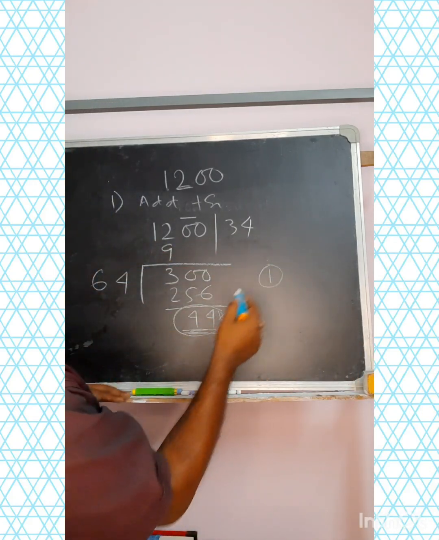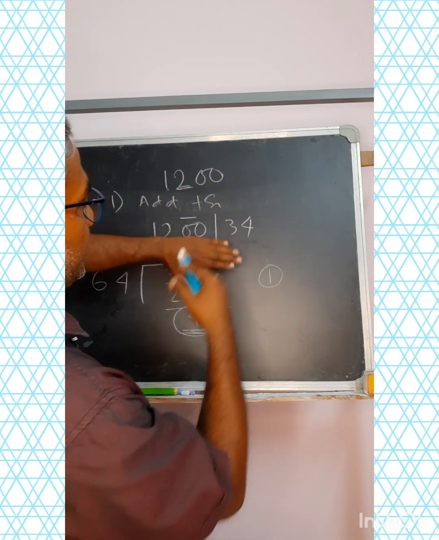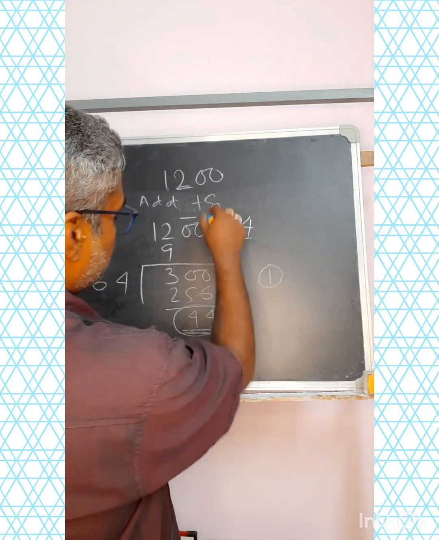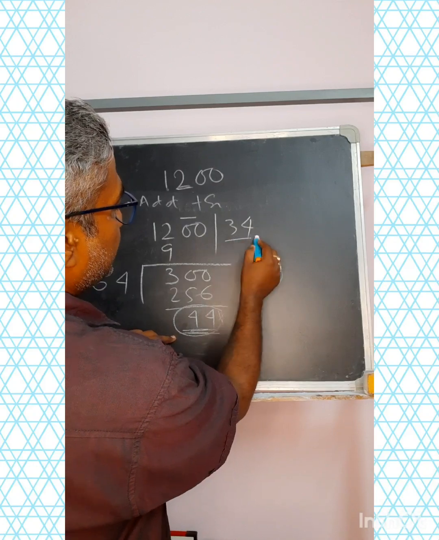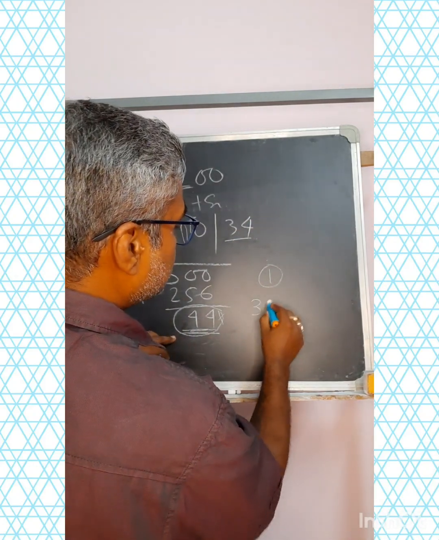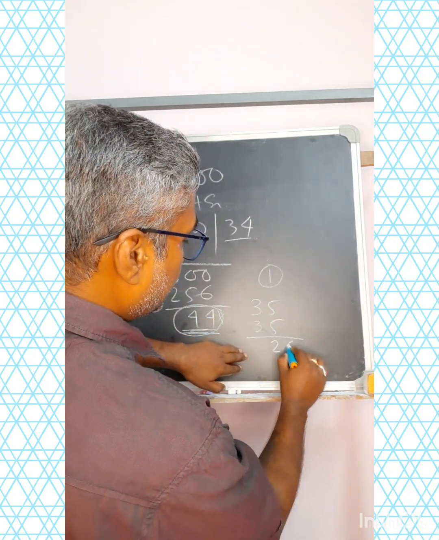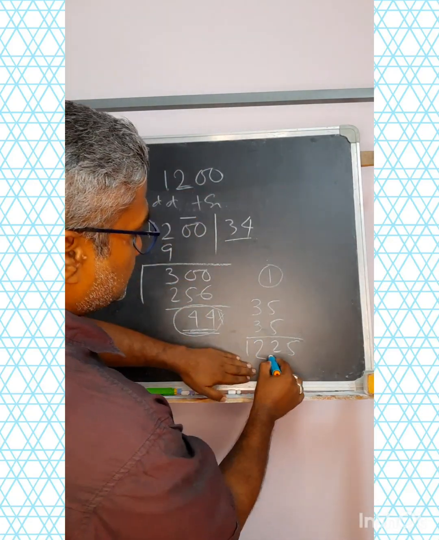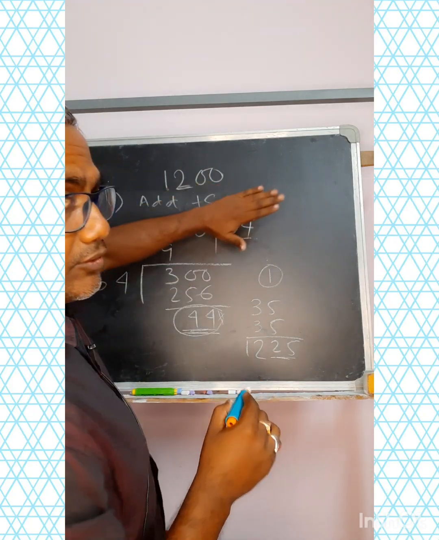Now the next: if the same question is asked as how much to be added minimum to get a perfect square, when you add something it will increase further, so you will get the next higher square. That means the next square would be 35. 35 into 35 is 1225. So from here to here it is a difference of 25. So I have to add 25 to get a perfect square.